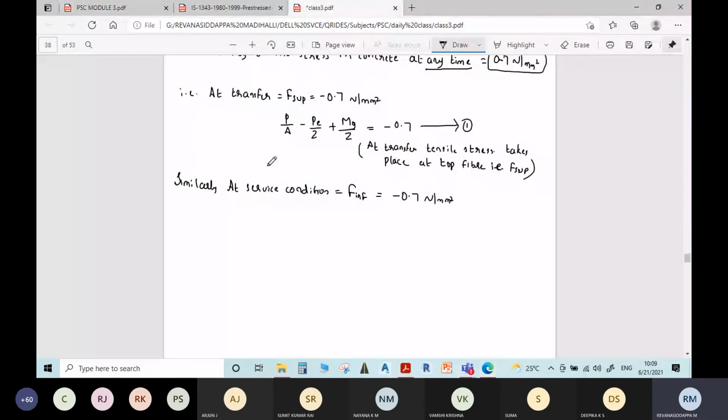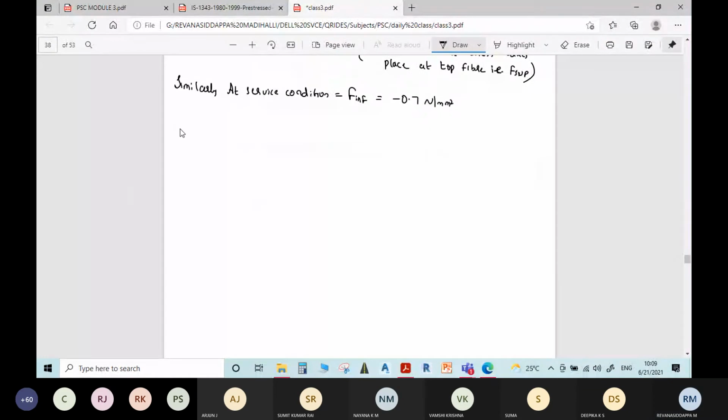The same condition I will write here. Therefore F inferior is equal to P by A plus Pe by Z minus Mg by Z minus Mq by Z is equal to minus 0.7. Here also you can write a small note.